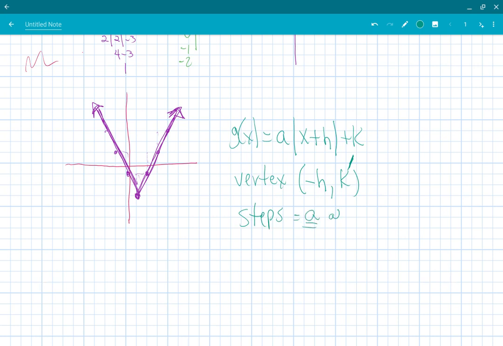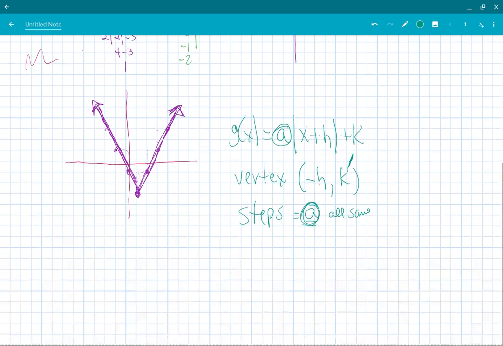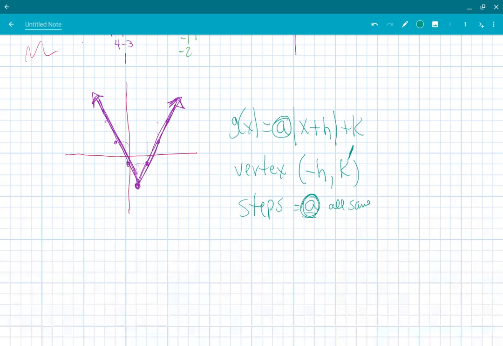So whatever number is here, that's the size of the steps. If you can understand that, then it makes it easier. But if you don't understand that, you can make a table and just plug and chug, just plug in the inputs and do the math. Okay.